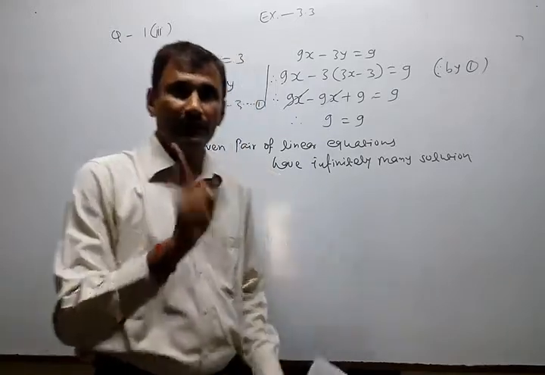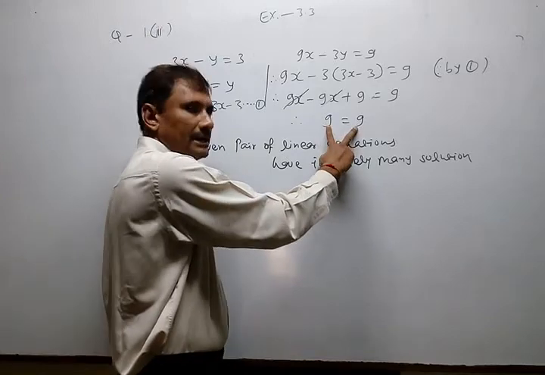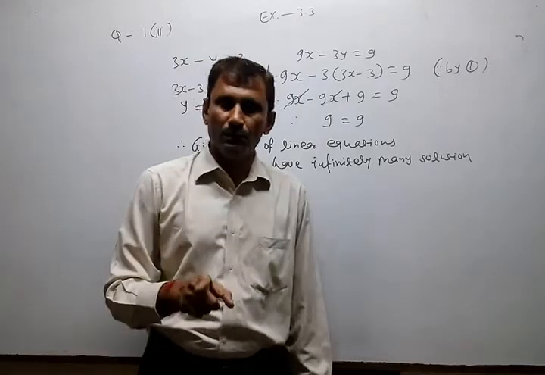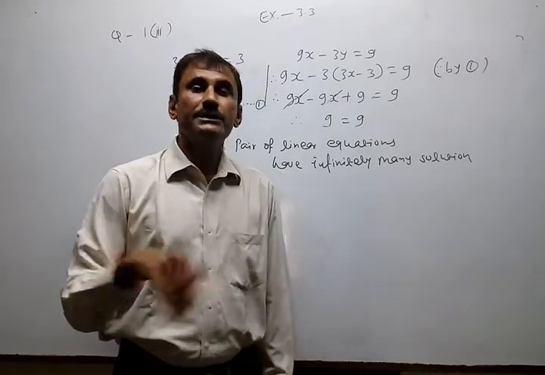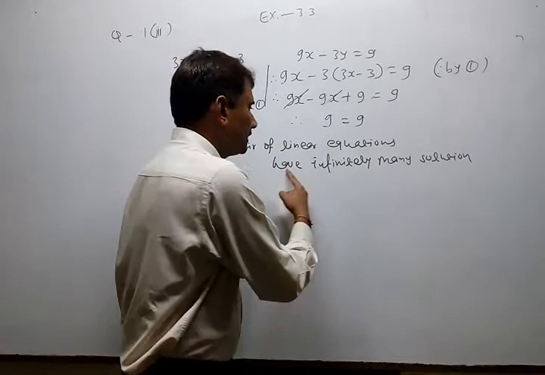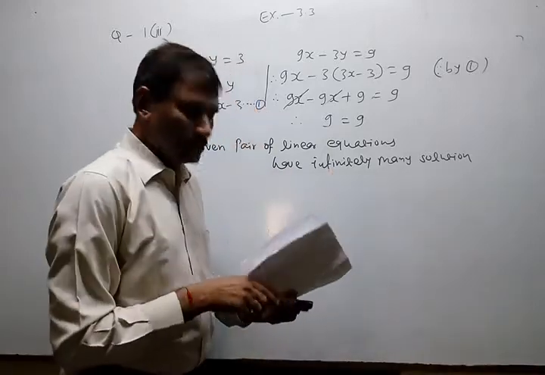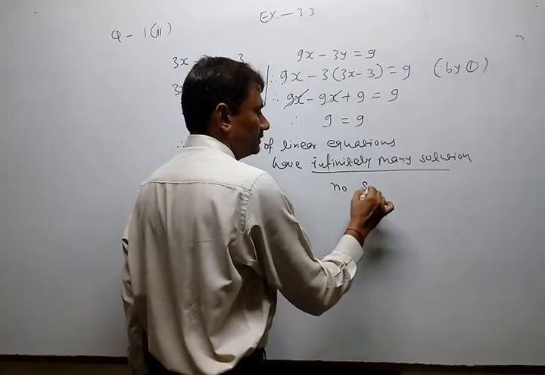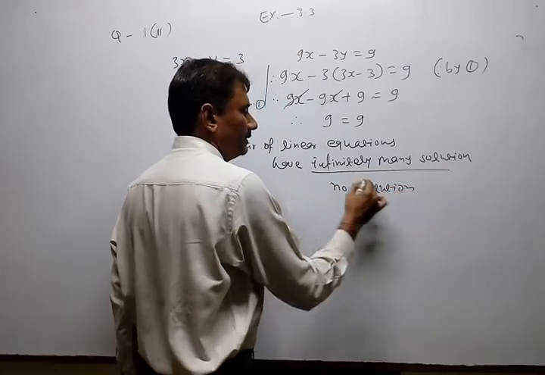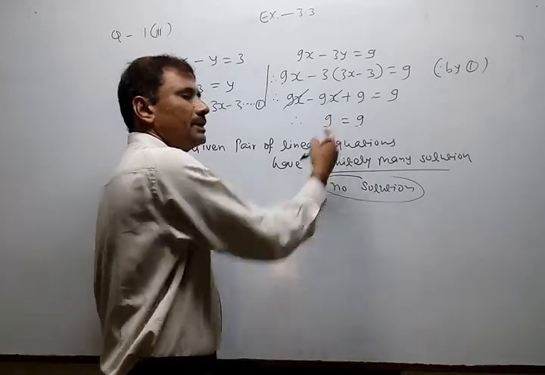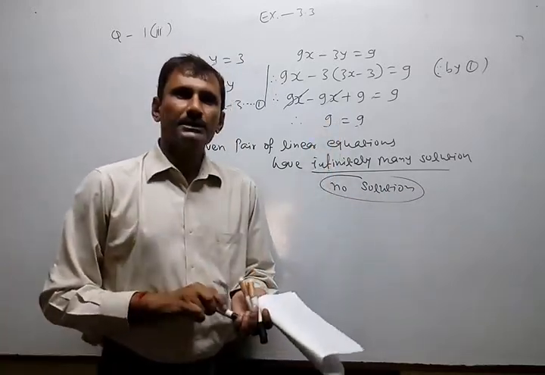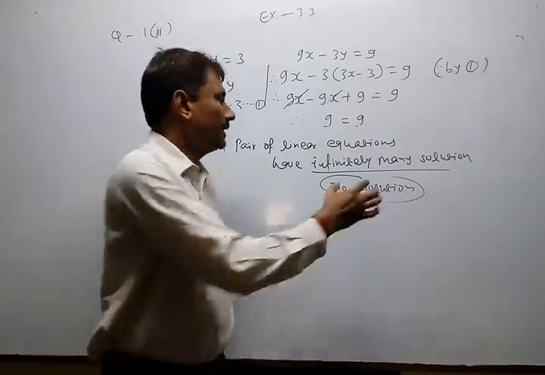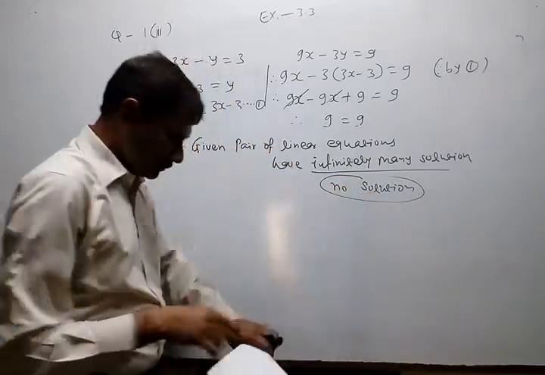If you come to any conclusion which is never true, then instead of writing infinitely many solutions, you have to write that they have no solution. Whenever you come across a strange or odd result which can never be true, you have to write this.